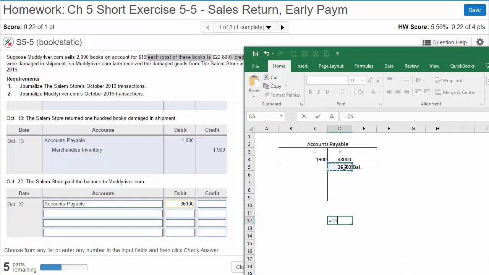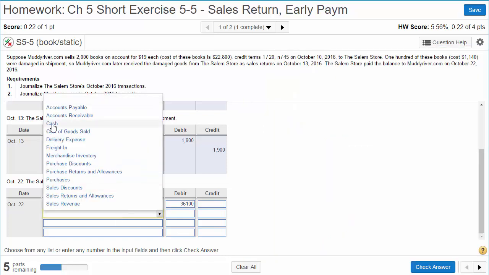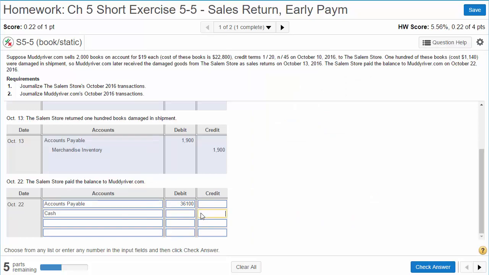Equals this times 0.01. So we have saved $361. So if we are saving $361, how much are we actually paying? Well, to calculate that, we're going to take 36,100 minus the 361 gives us 35,739. So our cash is going to go down by that amount.